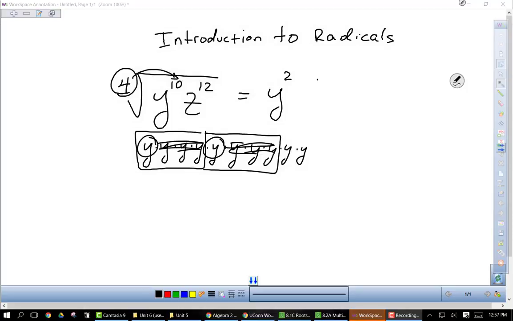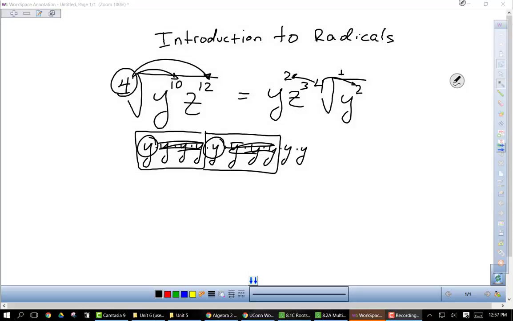You're going to tell me that you have 2 y's left over. Because 4 times 2, multiply those together, that's 8. And then plus the 2 gives me the 10, which is what I started with inside. Then you're going to say, okay, how many times does 4 go into 12 here for the z's? Well, that's exactly 3.